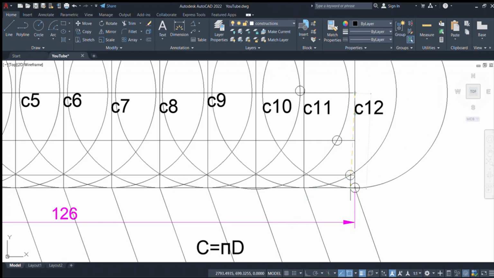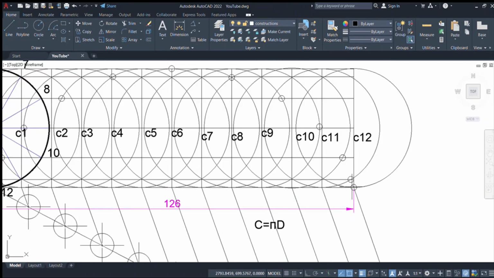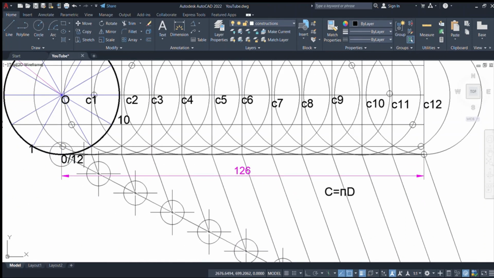Finally, circle 12 meets the line 0, 12 at that point.